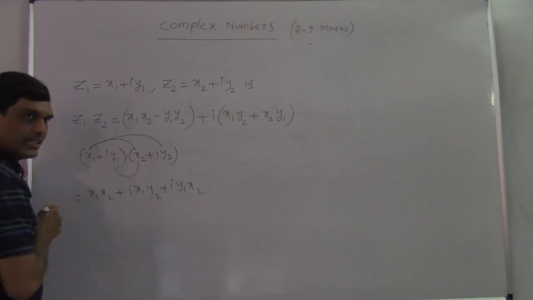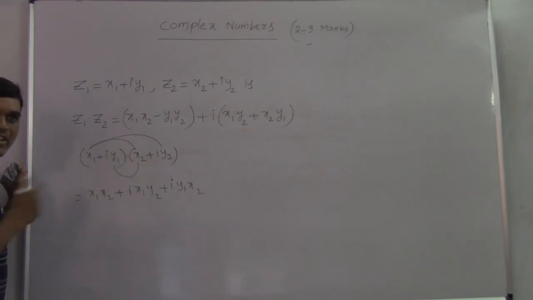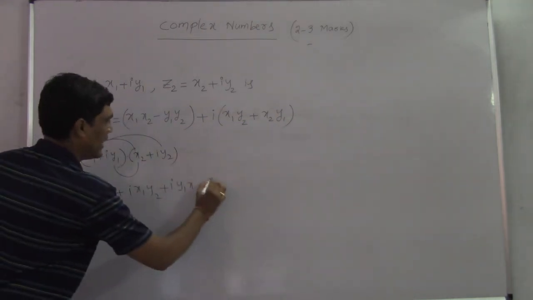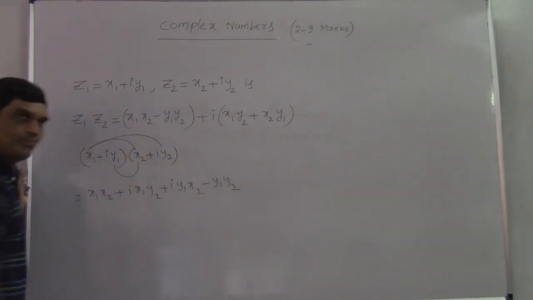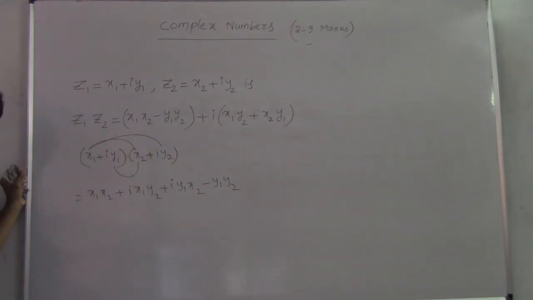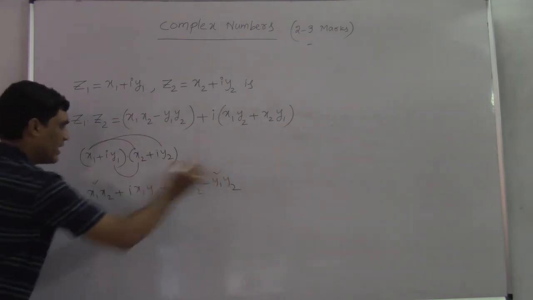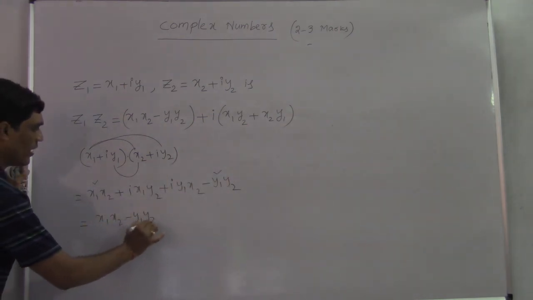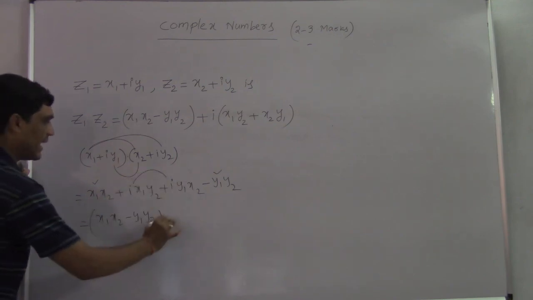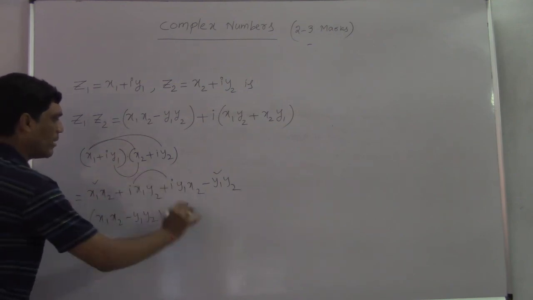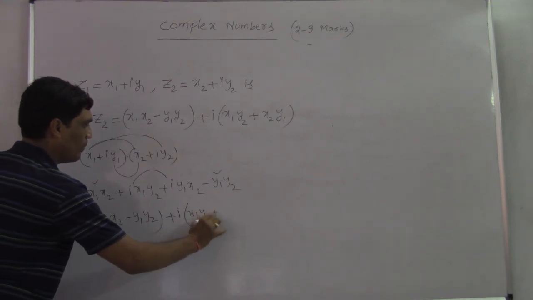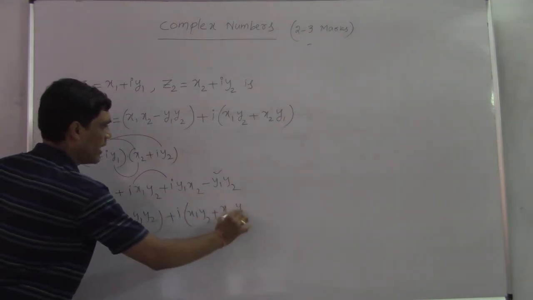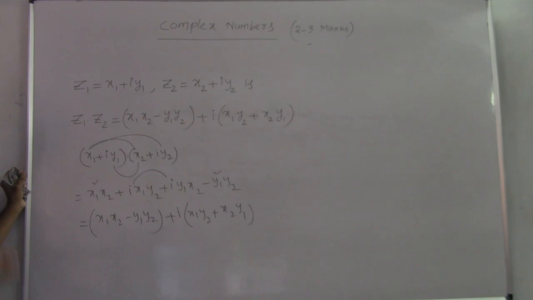I into y, i square. What is the i square value? Minus 1. So minus y1 y2. Always take the real parts first: x1 x2 minus y1 y2. In these two take i common: x1 y2 plus x2 y1. Normal multiplication only. If you want, you can remember it as a formula.